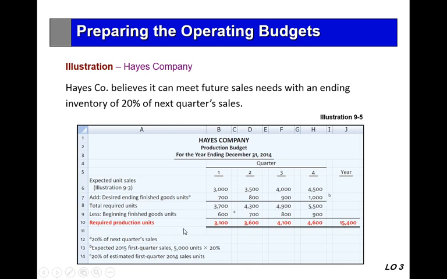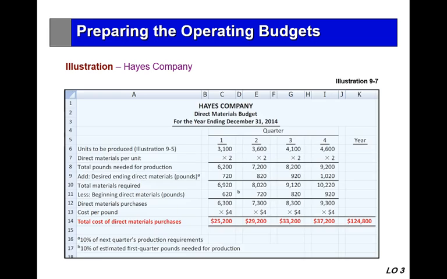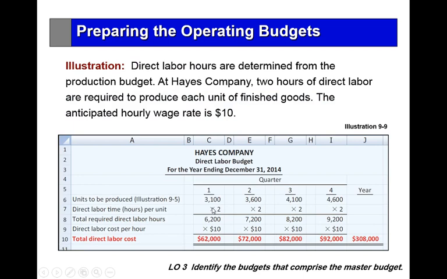From this budget, we move to direct materials, and we finished the direct materials budget in the previous video. Here we want to move to the direct labor budget. To complete our example, we have the illustration here.